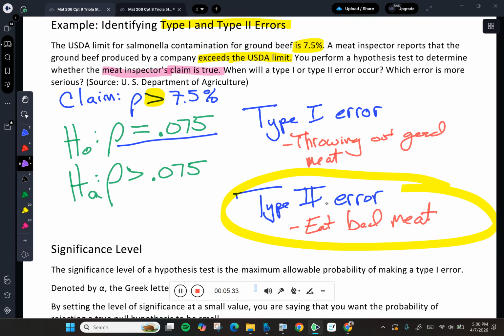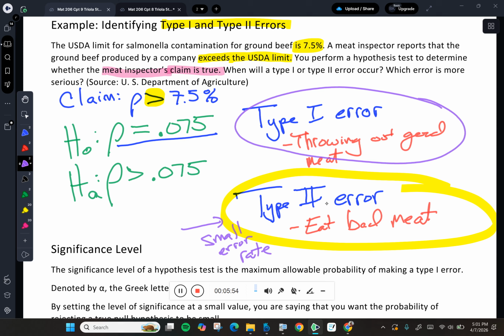In this scenario, you would hope that the test that the ground beef inspector does tries to make this one as small as possible, a small error rate. But like I said before in the first video, if I make type 2 small, it unfortunately makes type 1s larger. And so it would be more likely to make a type 1 error then.